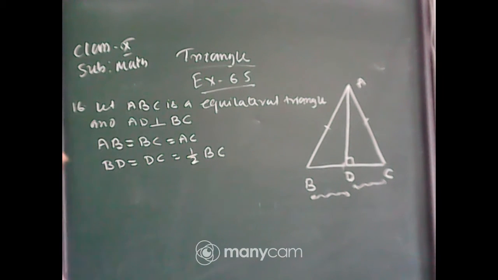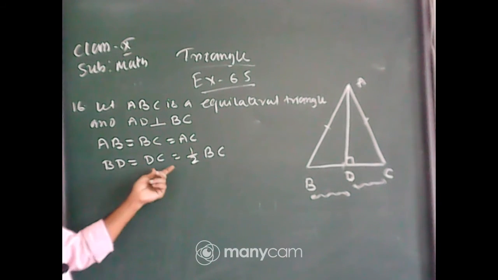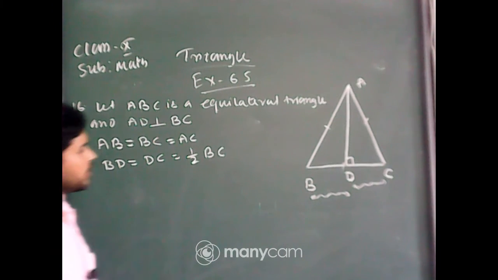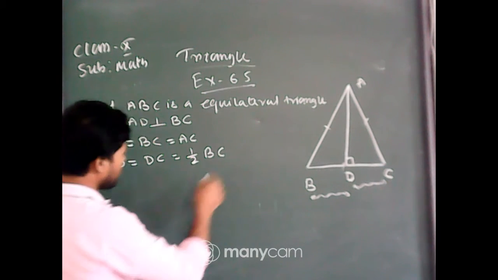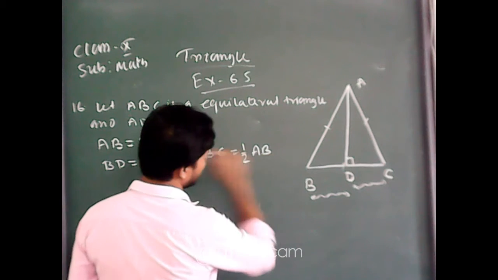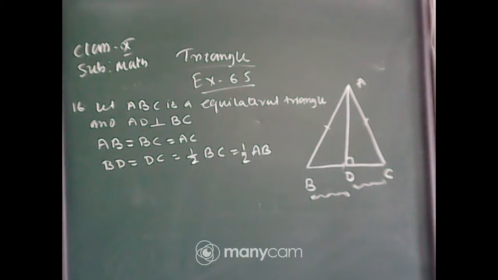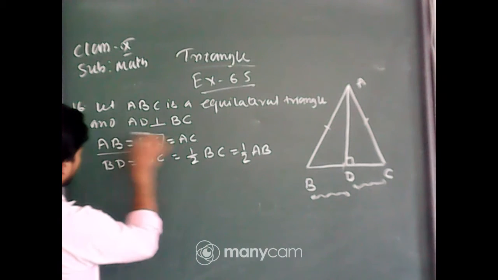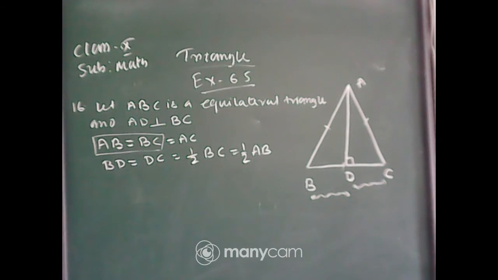Tell me, can we write that BD is equal to DC is equal to half of AB? Any problem? In place of BC we are writing AB, because we know that AB and BC are equal to each other. The triangle is an equilateral triangle.